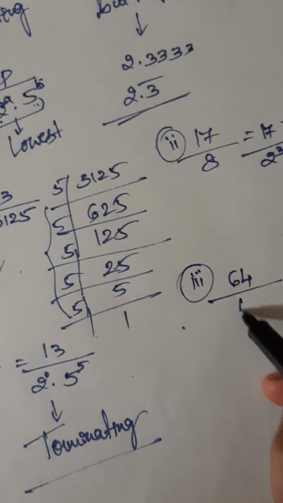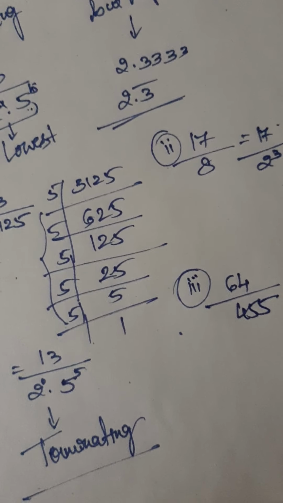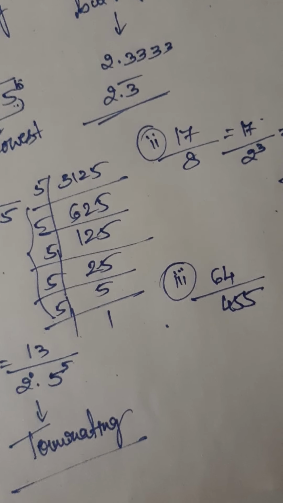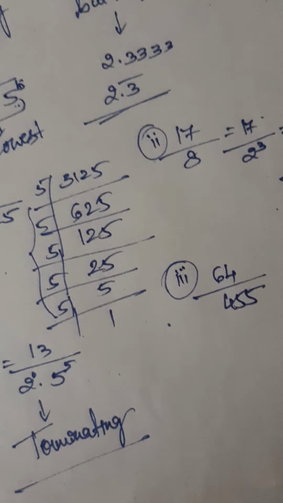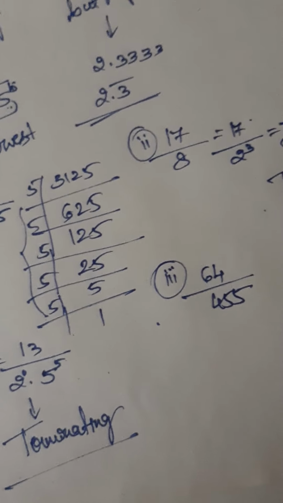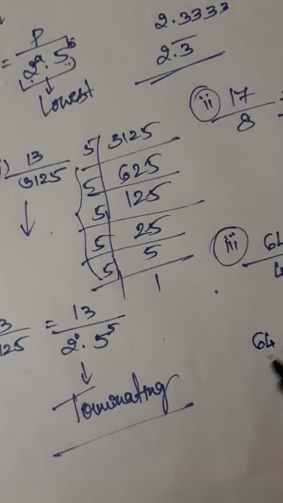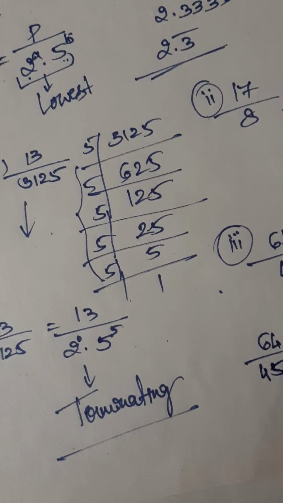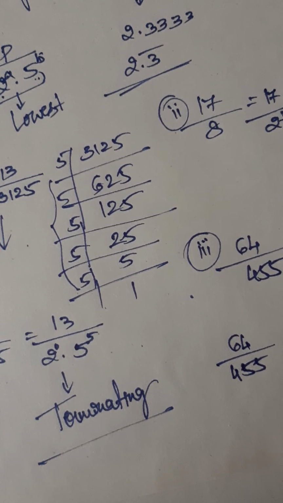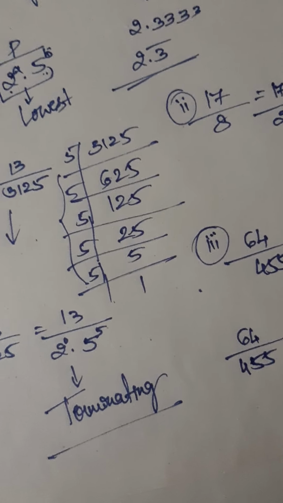And our third one is 64 divided by 455. For this 455, how can we solve? Again we can take the LCM type method. 455 is 5 into 91, then 7 into 13. So 64 divided by 455 is equal to 64 divided by 5 into 7 into 13.